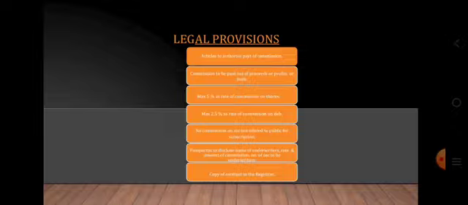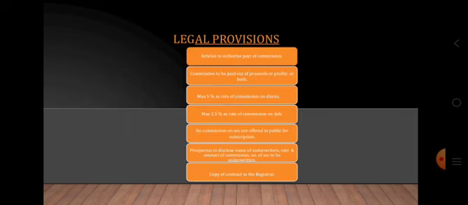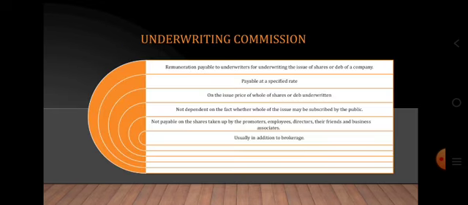Types of underwriting. Underwriting is generally classified into three types: full underwriting, partial underwriting, and firm underwriting. When the entire issue of shares is underwritten, it is called full underwriting.